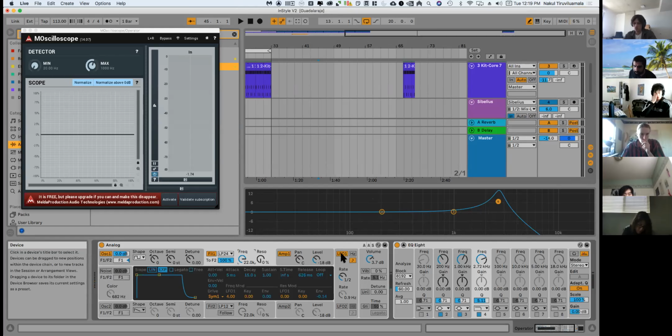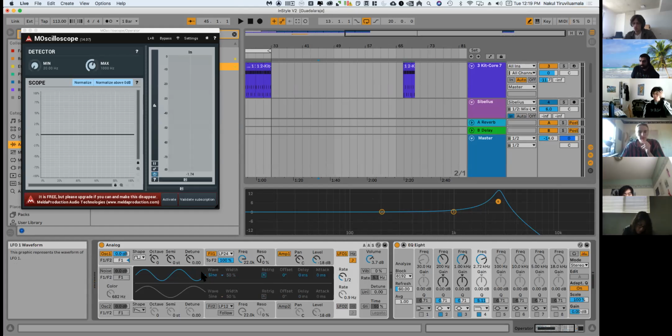To recap, you can choose the shape, meaning what shape the parameter is being modulated around. Is it being modulated by a sine wave shape or a square wave shape? What rate is the modulation occurring at? And what depth of modulation is occurring?